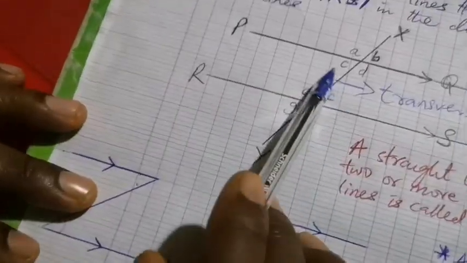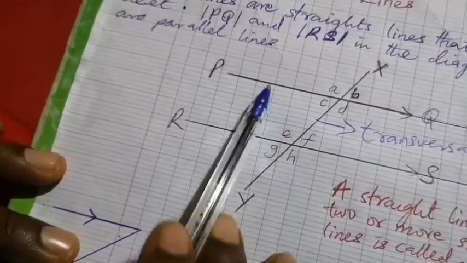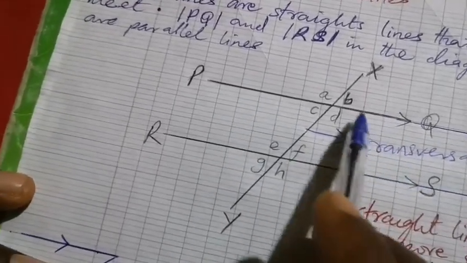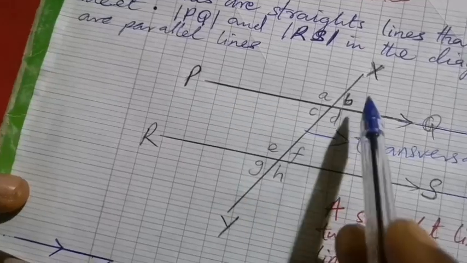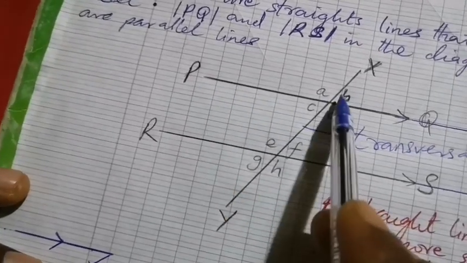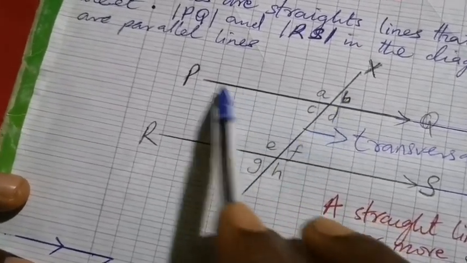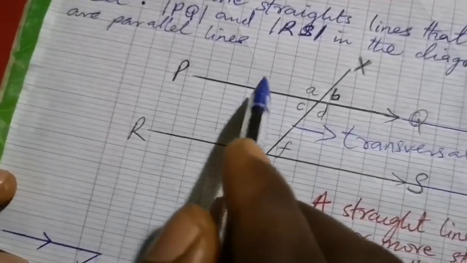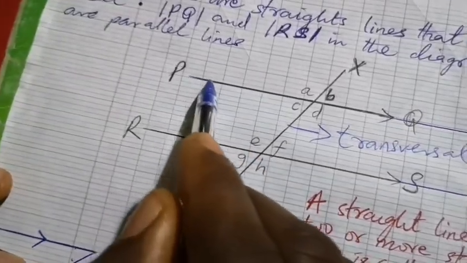So let's look at our parallel lines with a transversal line. Okay, in this place, let's try to trace out Z. I will start from here.